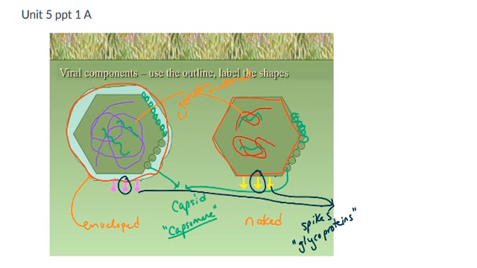I'm going to give you a couple terms that we're going to mention later. So these spikes are hemagglutinin or neuraminidase. When you hear that a virus is H1N1, which you've probably heard when we speak of influenza, the H is for hemagglutinin, the N is for the neuraminidase.